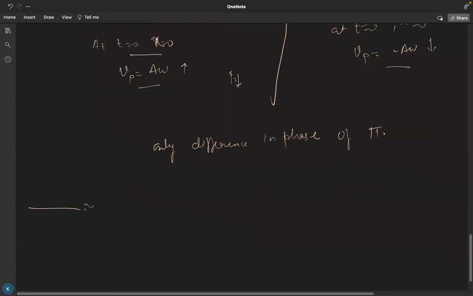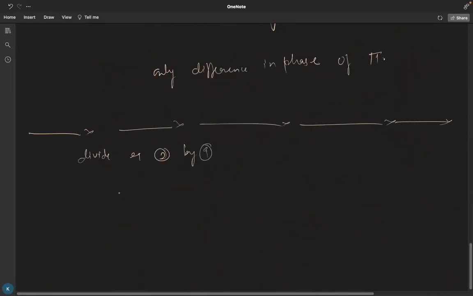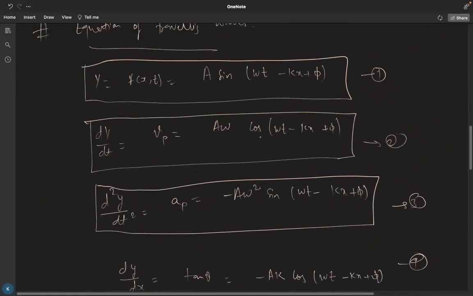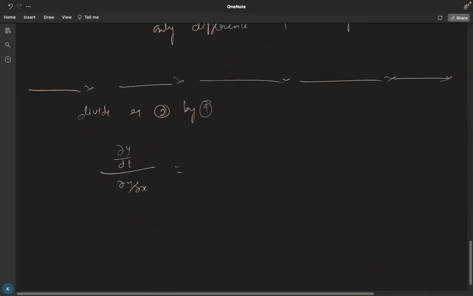So let's try to find it out here. Divide equation 2 by 4. When I do so, what will we get? We'll get del y by del t divided by del y by del x. On the right-hand side, del y by del t is a omega cos omega t minus kx plus phi, and the other is minus a k cos omega t minus kx plus phi.